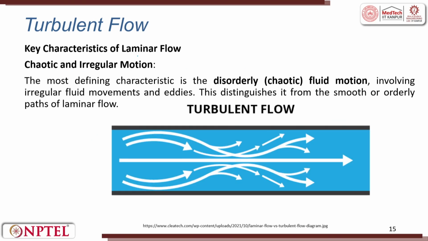So, the key characteristics are chaotic and irregular motion. The most defining characteristic is the disorderly fluid motion involving irregular fluid movement and eddies. This distinguishes it from the smooth and orderly path of laminar flow.